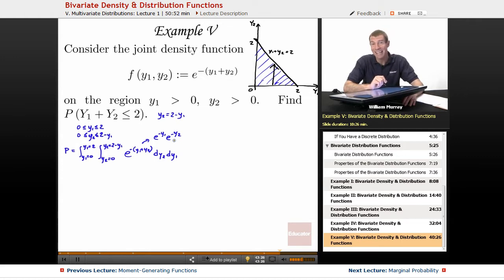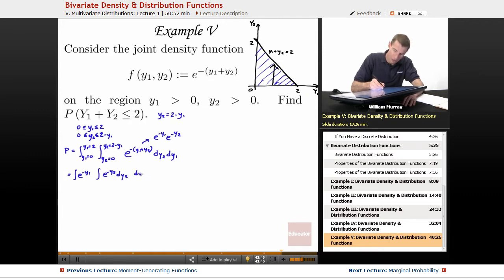That means e to the negative y1 is a constant, and I can pull it out of the integral. So I'm going to pull that out of the inside integral. E to the negative y1 just sits there on the outside, and I have the integral of e to the negative y2 dy2, and then later on I'll do the integral with respect to y1.